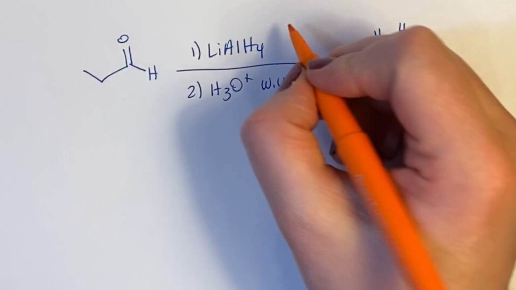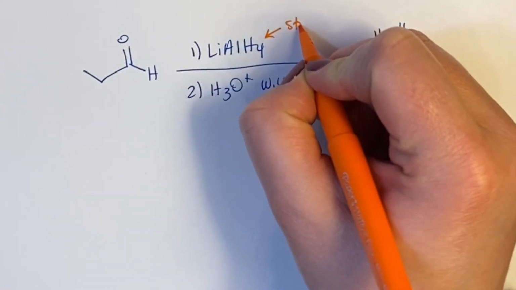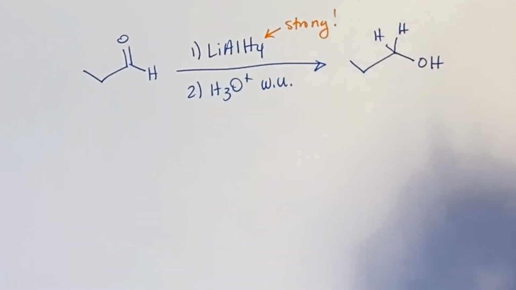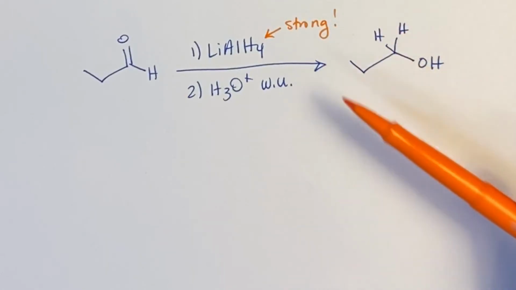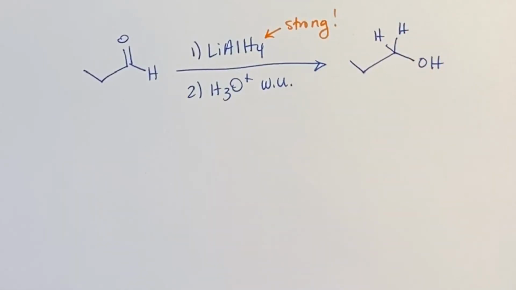Remember that lithium aluminum hydride was my strong reducing agent. So that means that we'll reduce my most reactive and my least reactive functional groups. So both reagents will reduce the aldehyde in this case, but sodium borohydride is going to be a little bit safer, but lithium aluminum hydride will work as well.